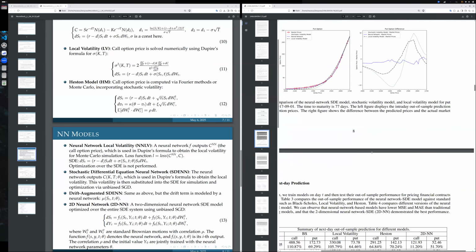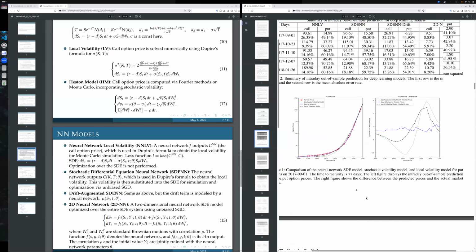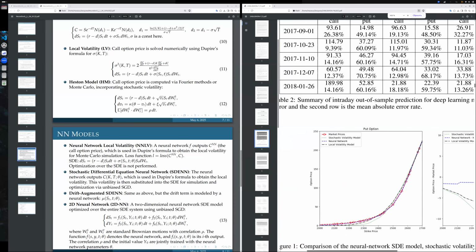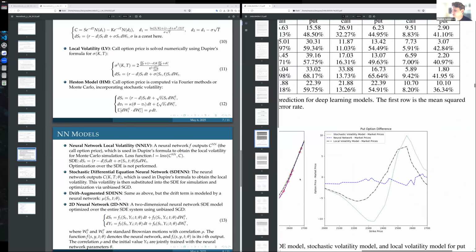I still don't understand what the three lines are. On the y, it's the error of predicted price versus the option price on the market. And on the x, it's different strike prices for different options. These derivatives, options, have the same underlying asset. Okay.